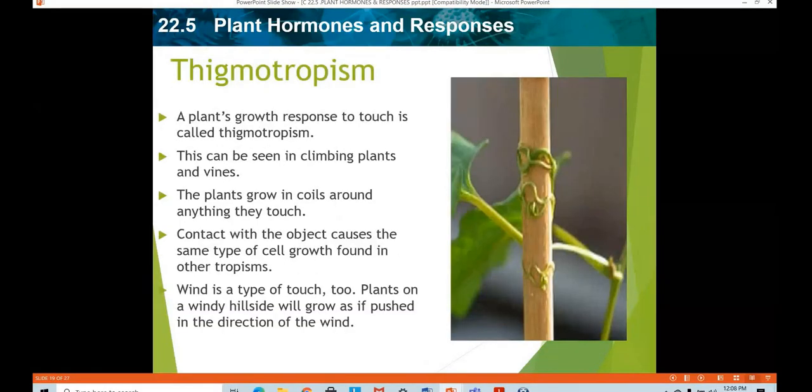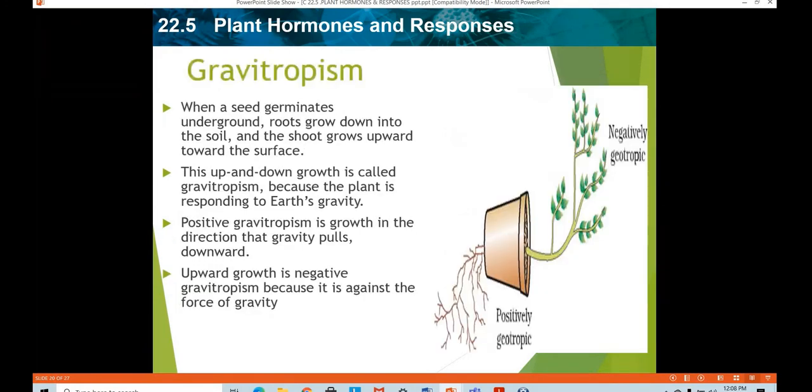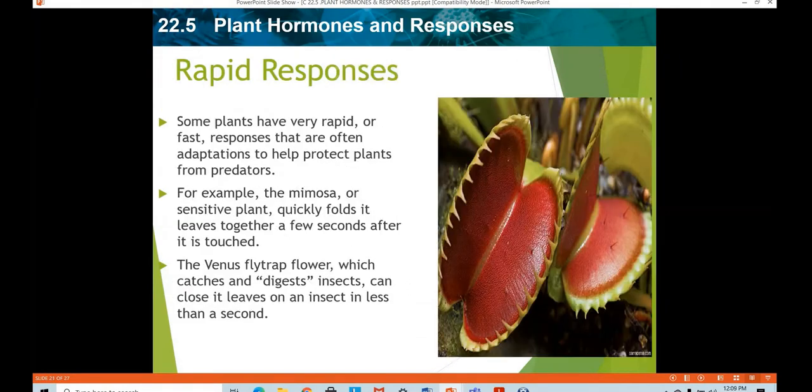We spoke about thigmotropism, which is how plants respond to touch, such as the touch of wind, or when they touch another stem or stick, they curl around it. We also studied gravitropism, the response of the plant to gravitational pull, as to how the roots grow into the soil and the stem grows upwards.